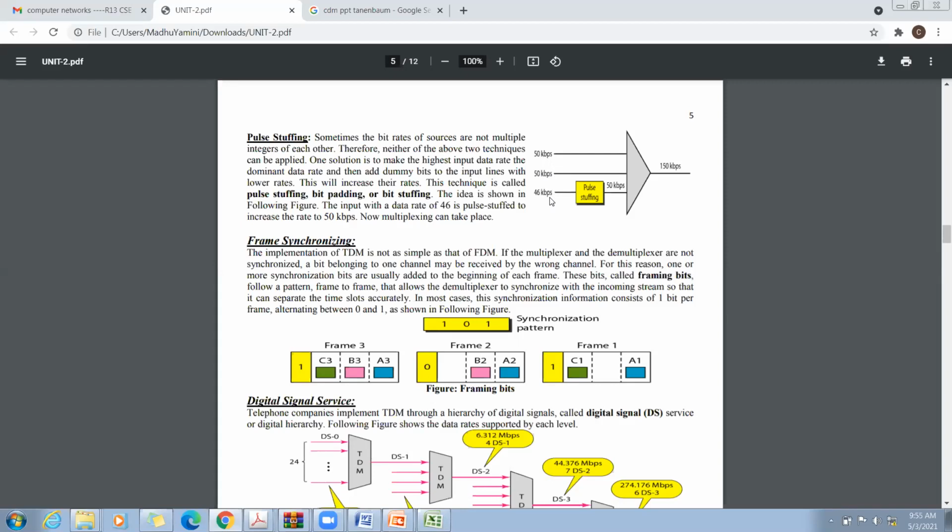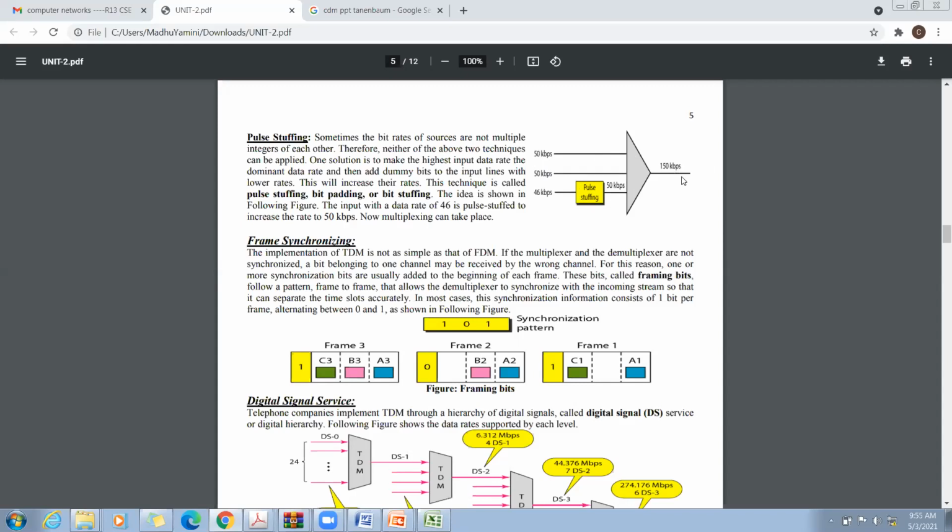We add some bits here. How many bits need to be added? Here 50, here 50, here 46, so we need to add 4 pulse stuffing bits. We need to stuff 4 bits. Then it also becomes 50. 50, 50, and after adding the pulse, it also becomes 50. Total 3 50s together make 150.